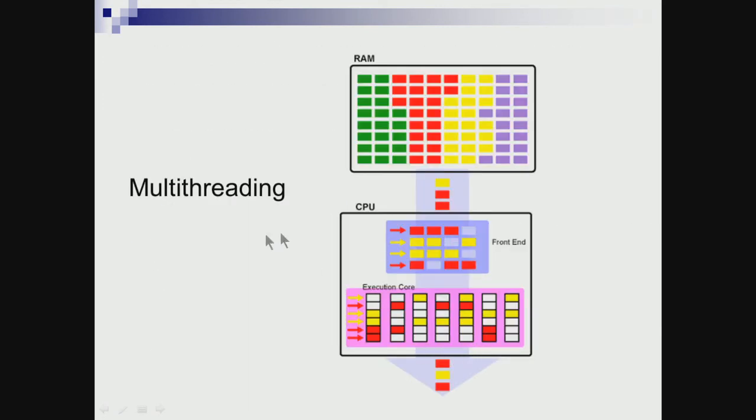So, then came the notion of multi-threading, as you see here. I have 4 types of programs in the RAM, as I show through the mouse: one green, red, yellow and purple. In multi-threading, we first execute 2 of these 4 threads, let us assume.